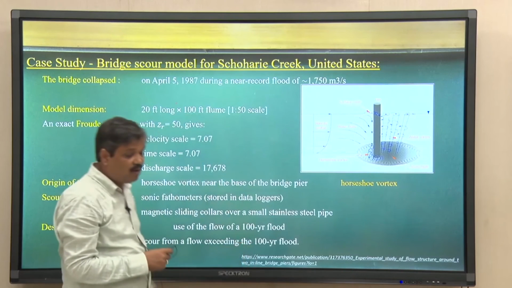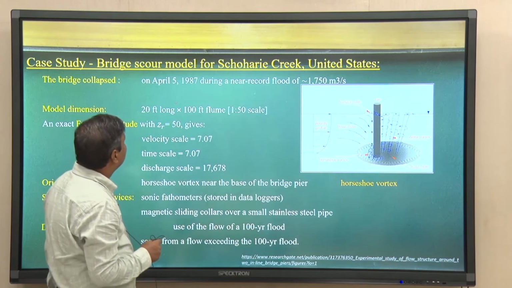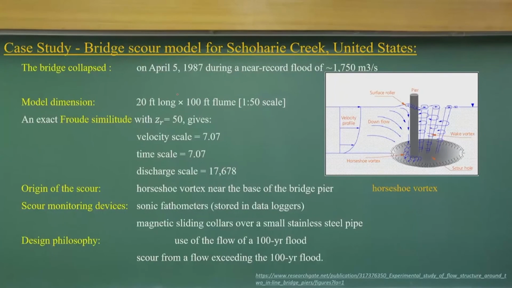This is one of the bridge models considered way back in the United States, a bridge that collapsed in 87 with a discharge of this. These are the ZR ratios, vertical scales, the velocity scale, time scales, and discharge scales, and they look at the horseshoe vortex near the base of the bridge piers, with the instrumentation.